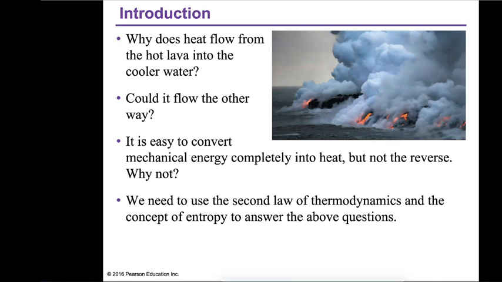Third question, is it easy to convert mechanical energy completely into heat? But if you want to convert heat into mechanical energy completely, that's very difficult, or it's impossible. Why? Lastly, we need to use the second law of thermodynamics and the concept of entropy to answer all the questions.